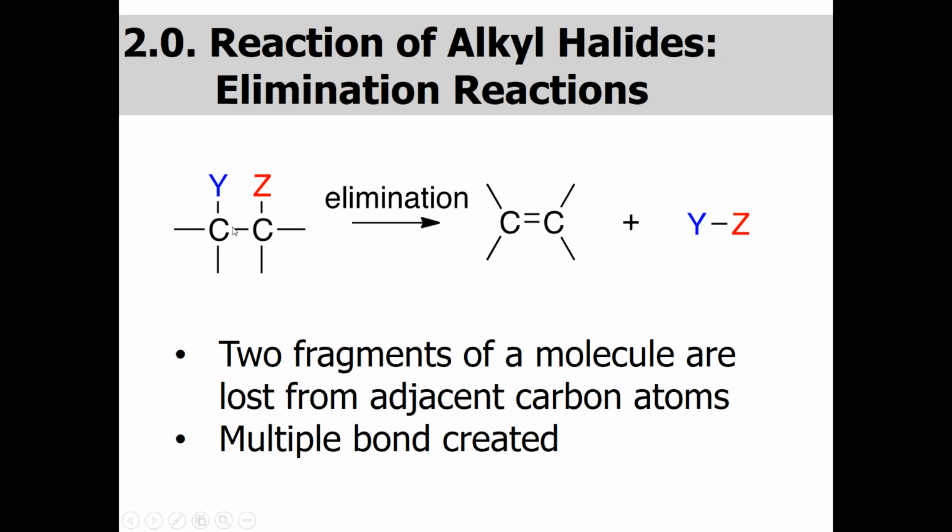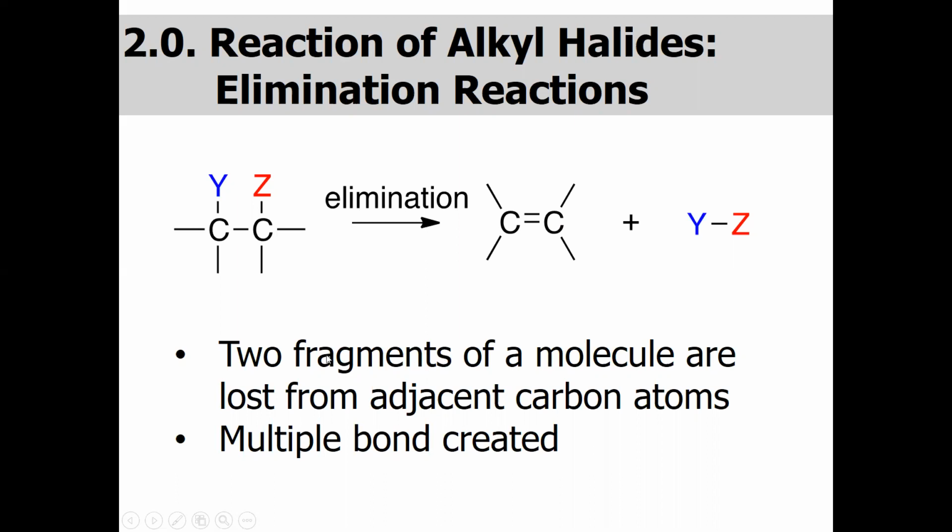Here you can see a simple hydrocarbon, and Y and Z could be any different groups. In the case of an alkyl halide, one could be hydrogen and one could be the halogen. And when these two atoms are removed, we have a corresponding alkene. In this way, we have the elimination reaction.